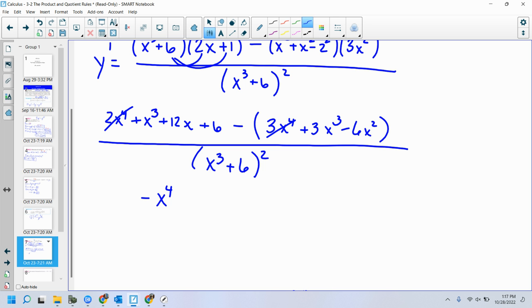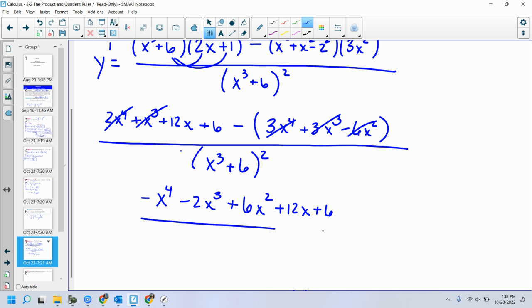Again, minus, I'm distributing in that minus. Minus 2x to the third. Looks like I should get my x squared next. Negative turns positive 6x squared. And then I have 12x plus 6, all divided by x to the third plus 6 squared. And I'm going to leave it at that. That's y prime.